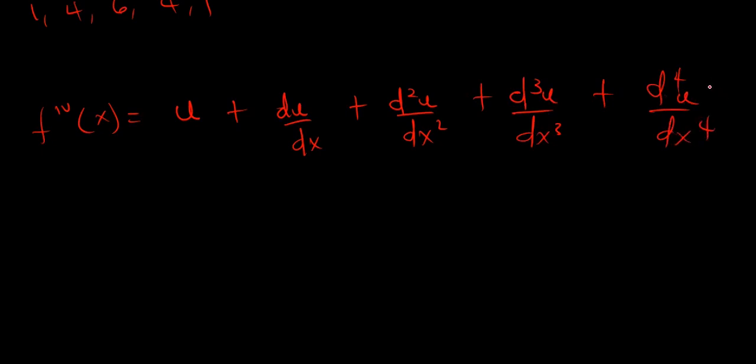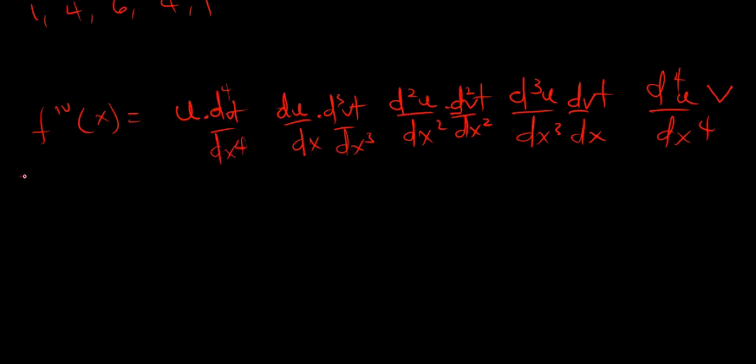Then we start with the v from here. So you multiply v, dv/dx, d squared v over dx squared, d cubed v over dx cubed. Then our u will multiply by d to the power 4 v over dx to the power 4.